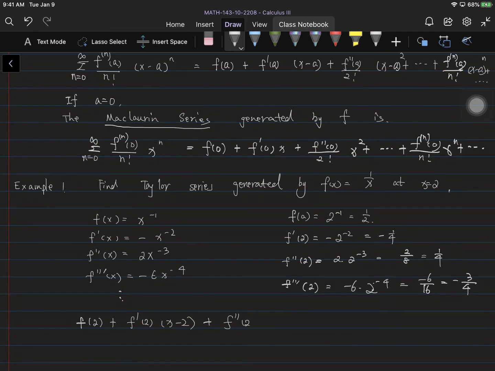For the second term, don't forget to divide by 2 factorial, and the third derivative at 2 over 3 factorial.